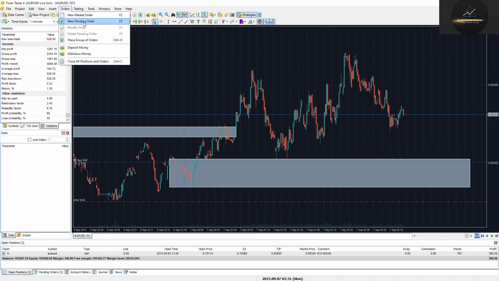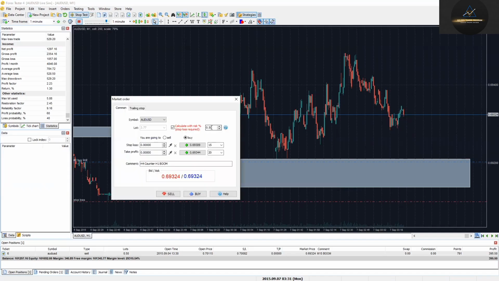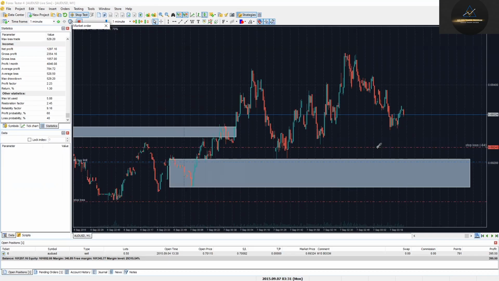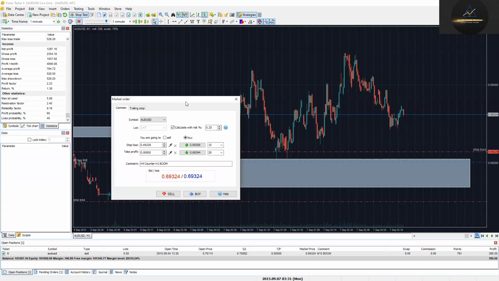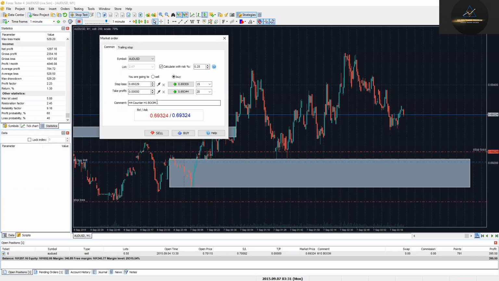So orders, new market order. We'll do 0.25% risk. Buy, stop loss right here. Couple pips below. And this one is an M1 3 aces.